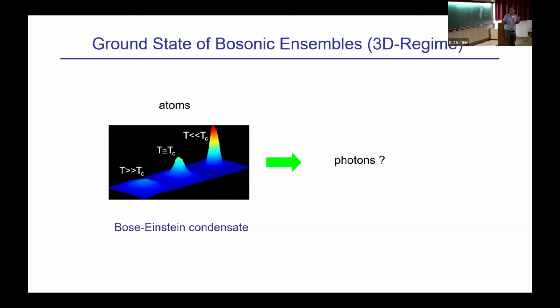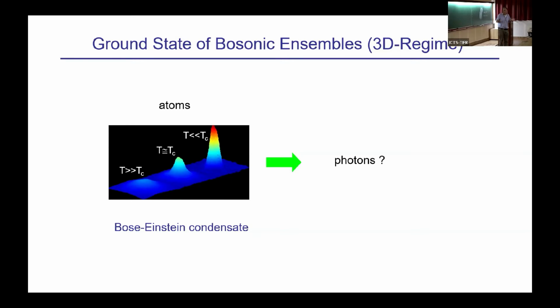First of all, regarding photon Bose-Einstein condensation, my background, historically speaking, is cold atoms. So if I think of a Bose-Einstein condensate, the first thing that comes to mind is a Bose-Einstein condensate of atoms. Here you see time-of-flight images at different temperatures. And now the question is, what happens if you try to do the same experiment, just cooling down in 3 dimensions with photons?